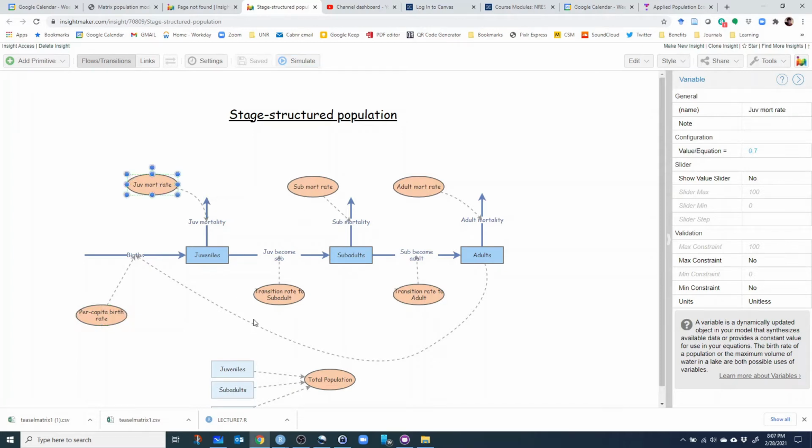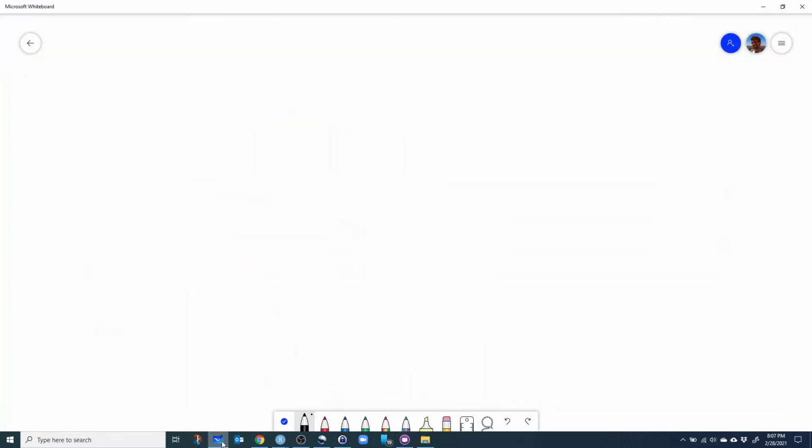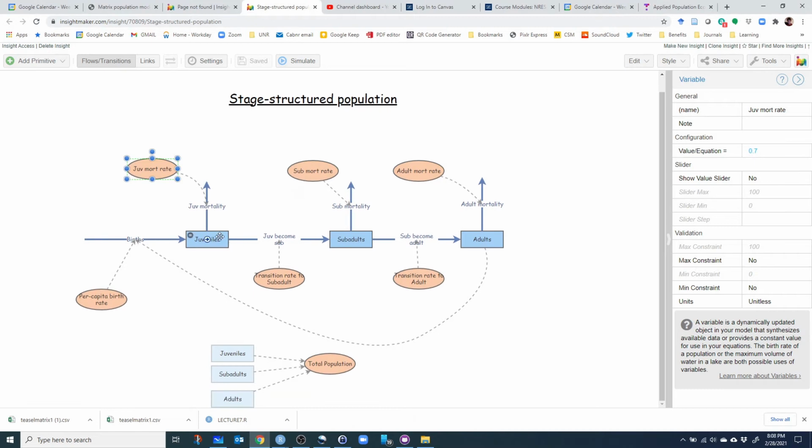So let's go into the whiteboard. First of all, just recognize that we have 3 different stages here: juveniles, subadults, and adults. And when we start putting together a matrix, there are going to be 3 stages on the 3 rows of this matrix and 3 columns, each row and column representing a stage in the life history of this species.